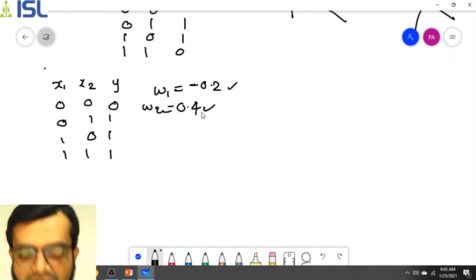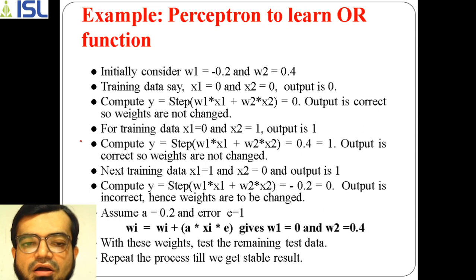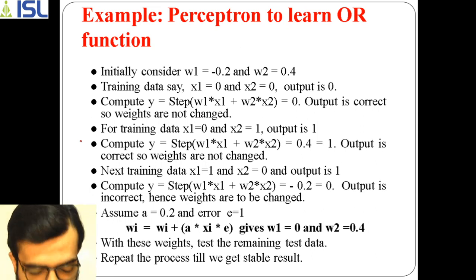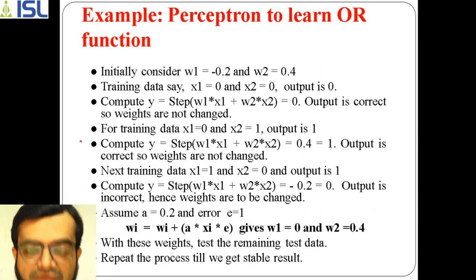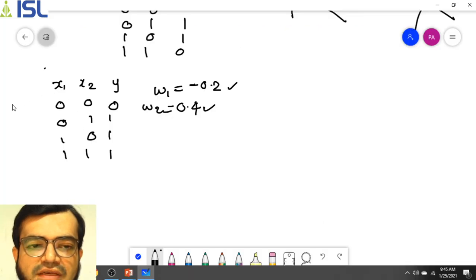Now we need to check whether the given weights are proper or not. We know what kind of output we should get. For example, if the inputs are 0 0, the output should be 0. If it is 0 1, the output should be 1.